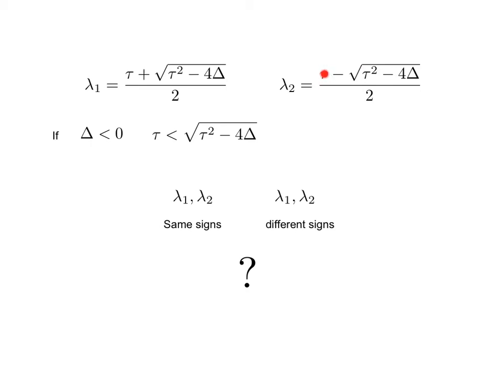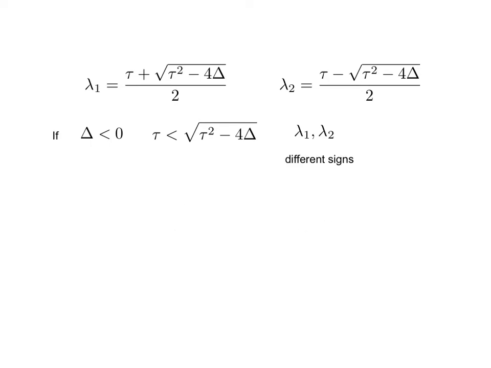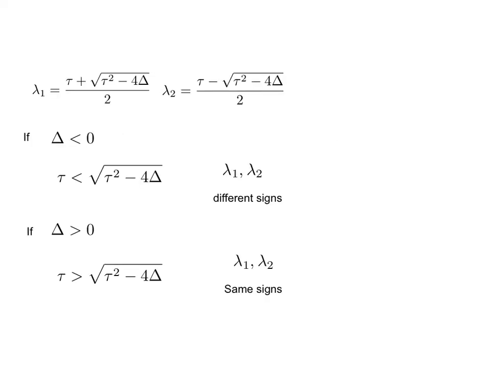Therefore, if this is positive, the whole expression here is going to be negative, and this is going to be positive. You can analyze it in the same way if tau is negative. So lambda 1 and lambda 2 have different signs when delta is negative.